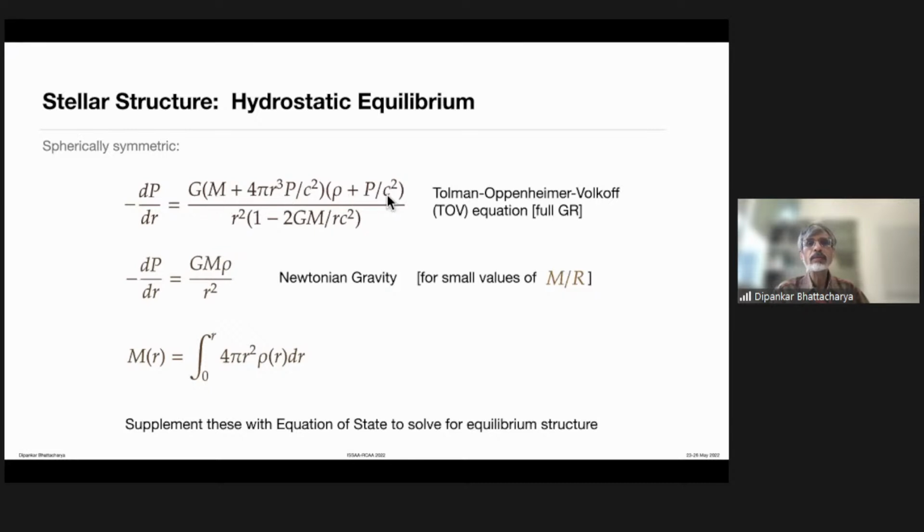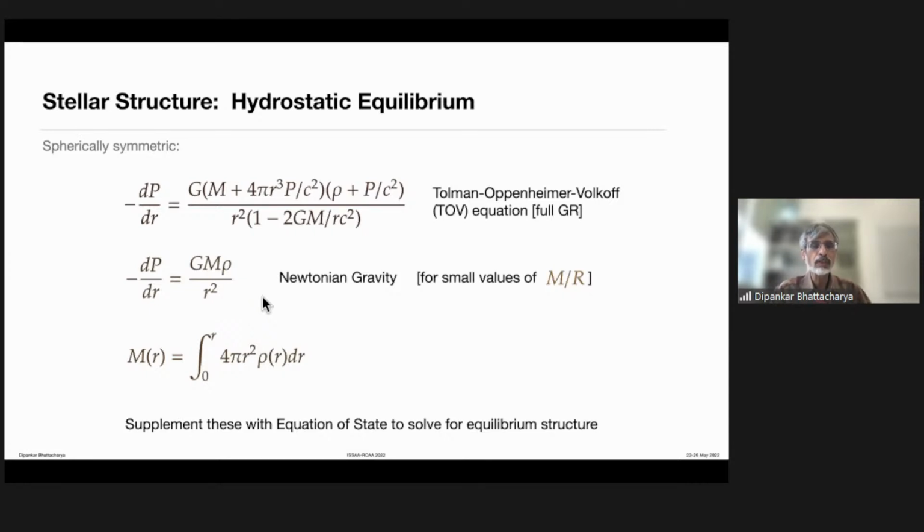And effectively, those corrections are relatively simple. This m gets replaced by m plus 4 pi r cubed P over c squared. And that is because pressure is proportional to kinetic energy density, and kinetic energy itself contributes to mass.